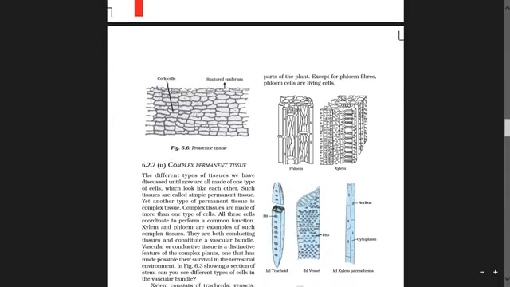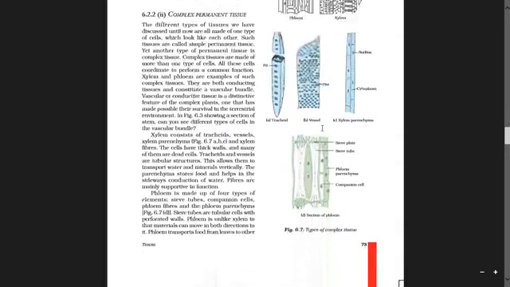Now today we are going to start our new point of discussion, that is complex permanent tissue. First was simple permanent tissue, which is classified into parenchyma, collenchyma and sclerenchyma. Parenchyma was further classified into chlorenchyma and parenchyma.